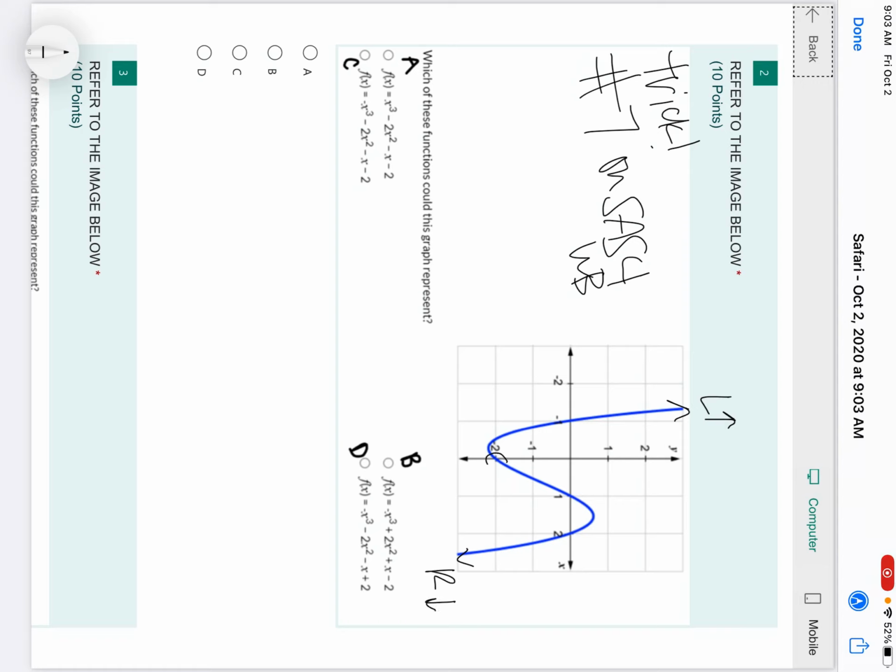It has a y-intercept at -2. Okay? If you absolutely need to, if you just cannot figure it out, you may use the Desmos. But do not get used to putting these in the calculator, because there will come a time when you will not be allowed a calculator to do problems like this. Okay?